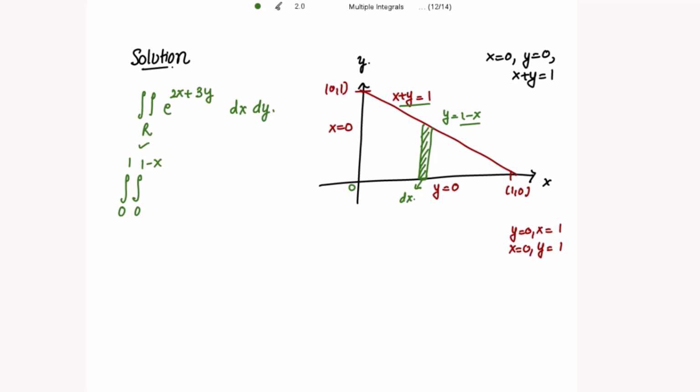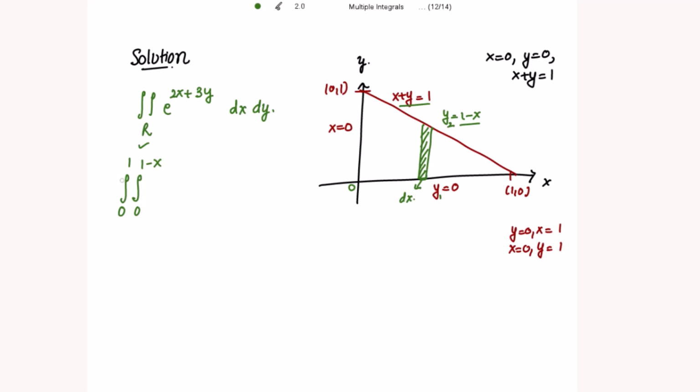Suppose I take y equal to 1 minus x in this case. Then for this integration the limits are y equal to 0 to 1 minus x. This strip will be parallel to the y-axis because x1 and x2 are constants here. y1 and y2 are in terms of x: y1 is 0 and y2 is in terms of x.